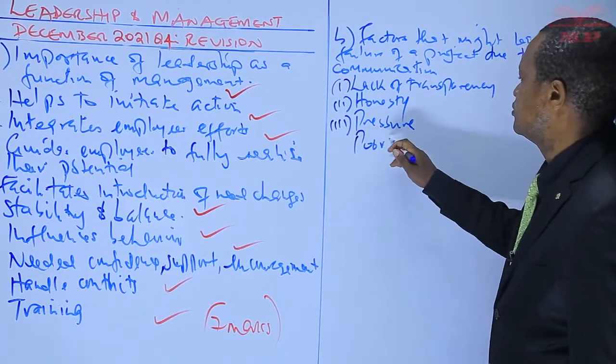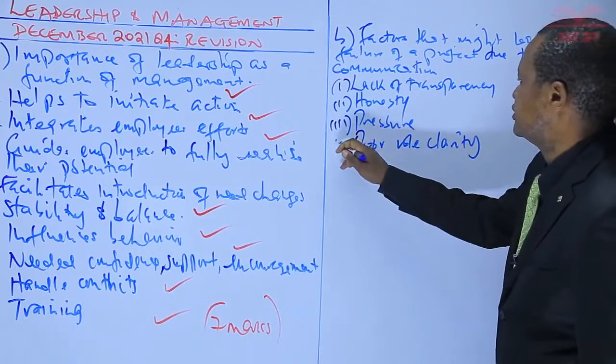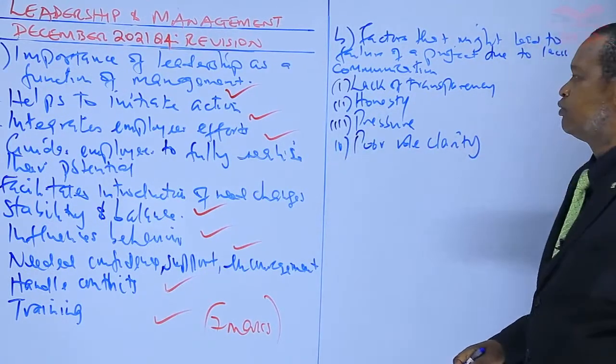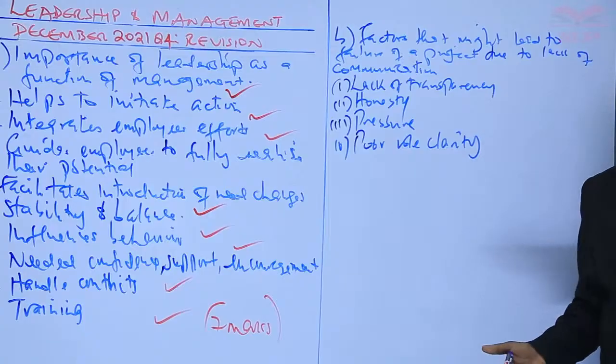Number 4, poor role clarity is another factor. Poor role clarity in an organization can lead to problems.